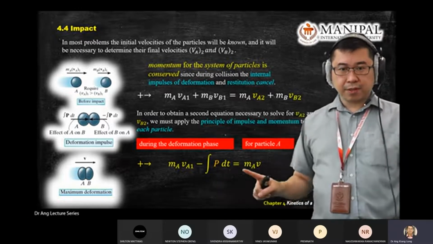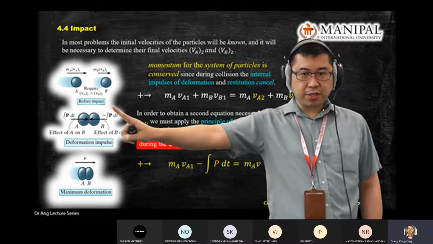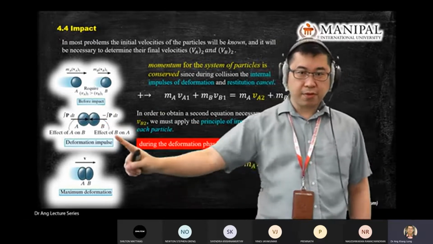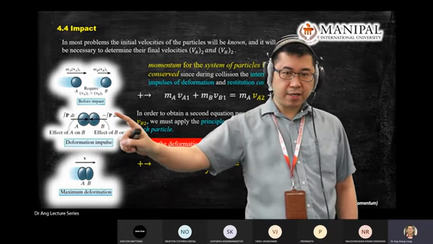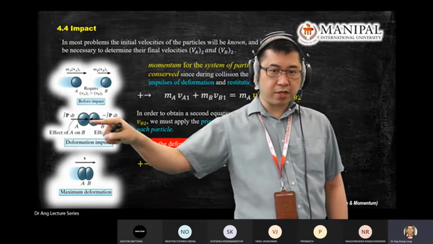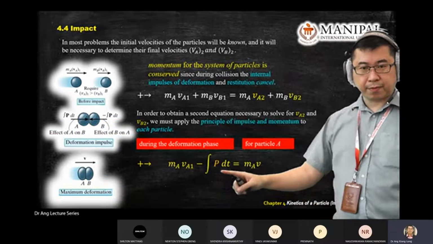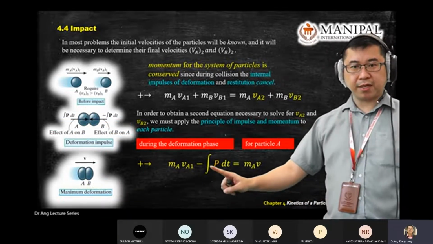Okay. Why is the impulse negative? Because your impulse direction is pointing to the left. We're looking at object A here. Your impulse is pointing to the left, so there's a negative sign there, right? And why P?